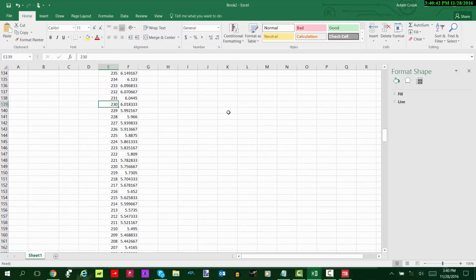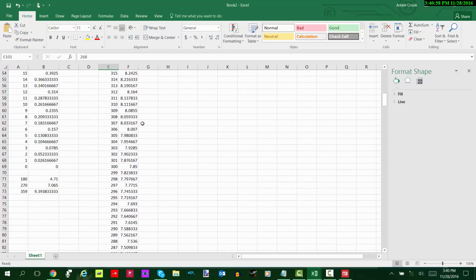Kind of makes your head spin. 230 at 6 inches. You think we're going to need an electron microscope to see this? I don't think so. And then 267, 268, we're at 7. And then 8, we're at 306.